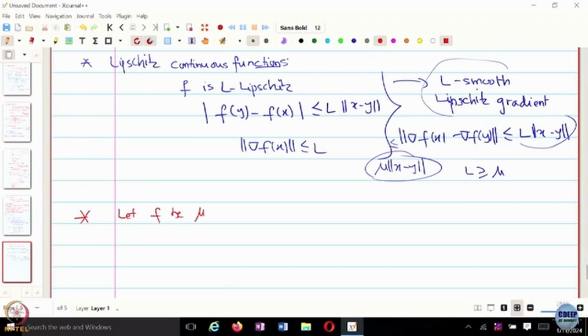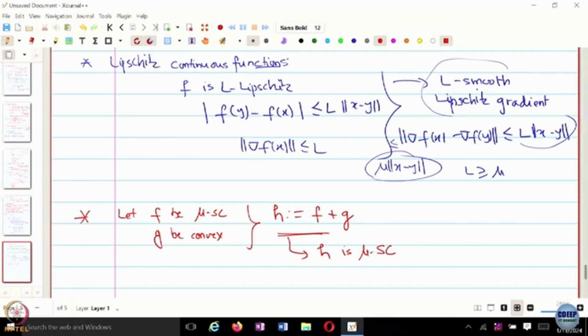Let f be mu strongly convex, and another function g which is simply convex. You define a new function h, which is the sum of these two functions f and g. So what you can say is that not only is h strongly convex, in fact h is mu strongly convex.